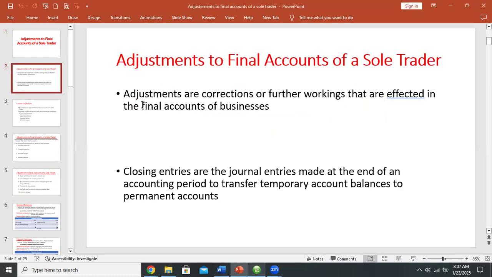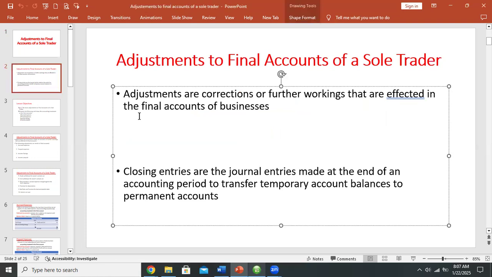So let's define adjustments, and as I've indicated, these are corrections or further workings that are effected in the final account of businesses.